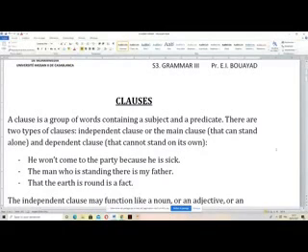Okay, so just taking these examples, we can say that he won't come to the party because he is sick. Because he is sick is a subordinate clause that is introduced by a subordinating conjunction. And of course, what does it show? It shows in here the reason, the cause of his absence from the party. So it modifies the verb.